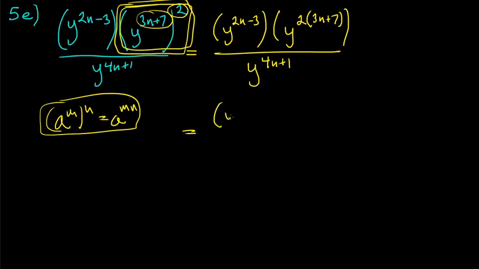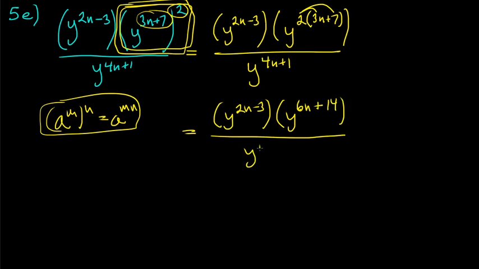Okay, now what? Well, we still have y to the 2n minus 3. But notice I can distribute the 2 here. 2 times 3n is 6n. And then 2 times 7 is 14. Okay, so far? Right, so now, how do I multiply these?